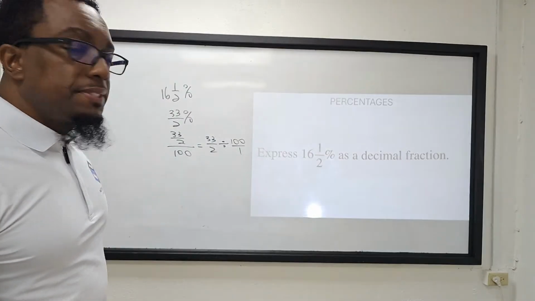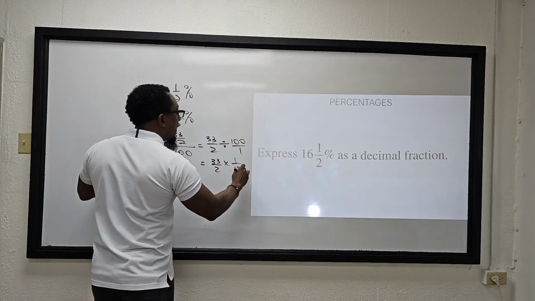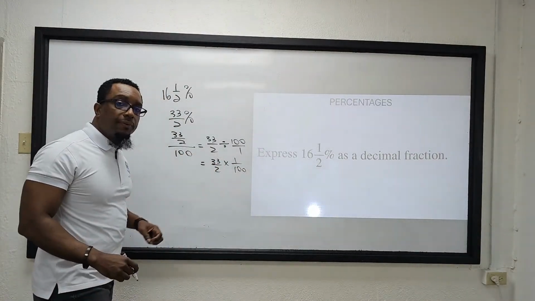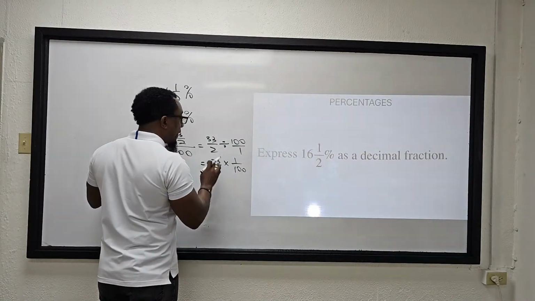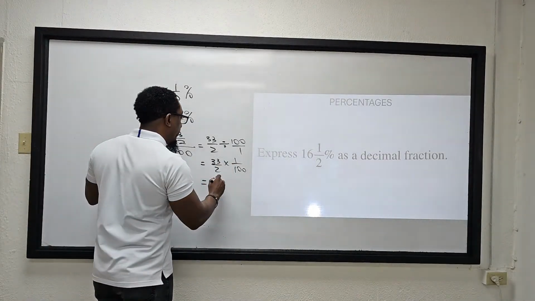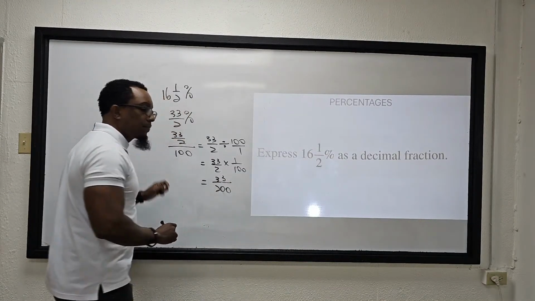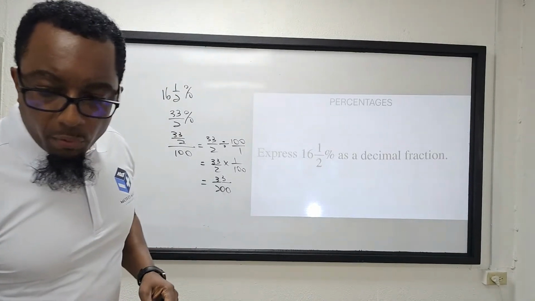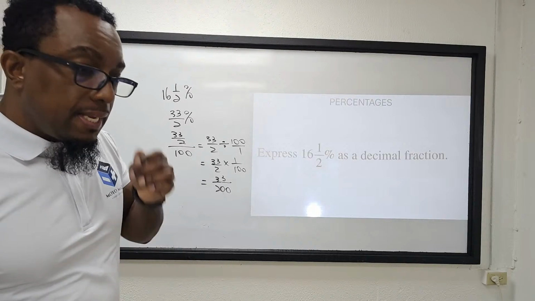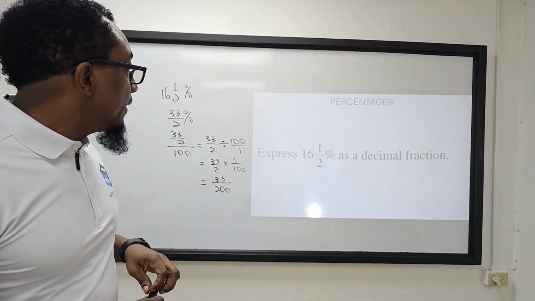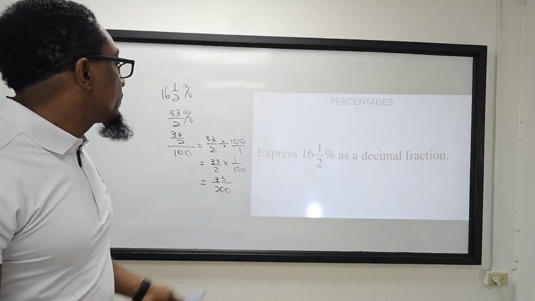Which is the same as 33 over 2 multiplied by, change division to multiplication and invert, 1 over 100. And this becomes 33 by 1 is 33, 2 by 100 is 200. So you have 33 all over 200. And that is simply converting a percentage back to a fraction. Alright? And of course we can do the vice versa.